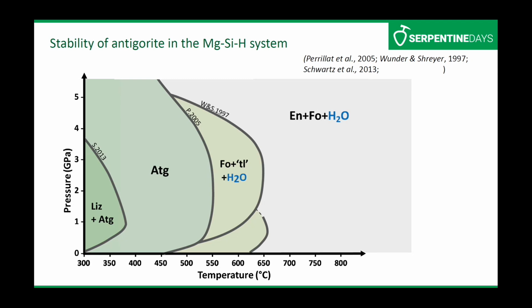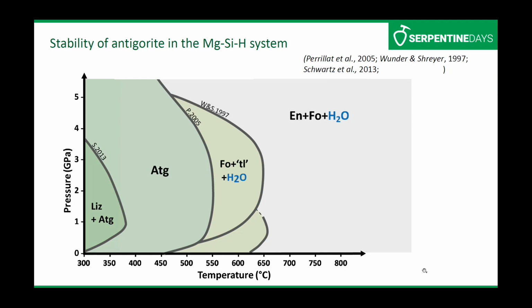If we consider the depth range between 1 and 4 gigapascals, which corresponds more or less to the start and the merging depth of the lower Wadati-Benioff plane, we can see that we are supposed to have the dehydration of antigorite around 550 degrees, almost an isotherm.